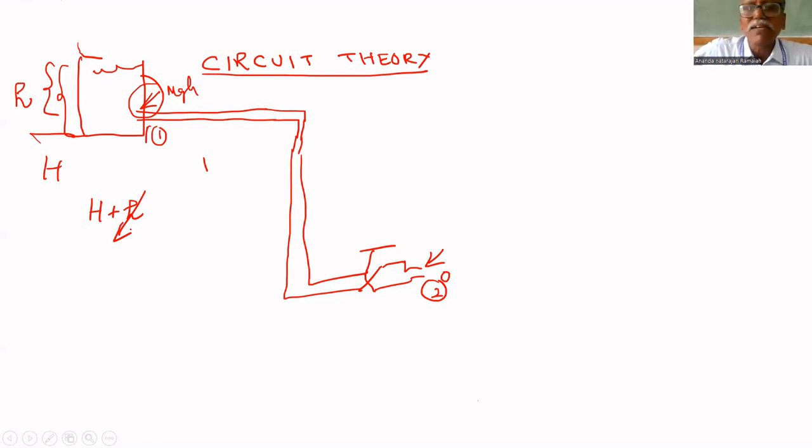So the pressure difference between the 2 points, point 1 and 2, is important to get flow rate. Like that, in electric current, potential difference is analogous, identical. Pressure difference, that is potential difference, is required for a flow of current.